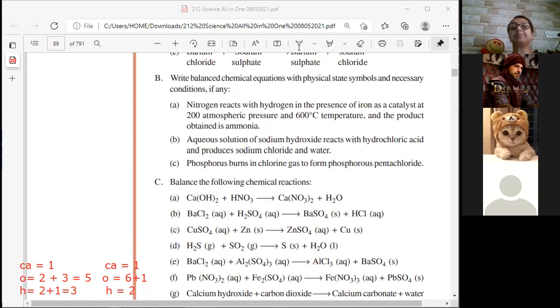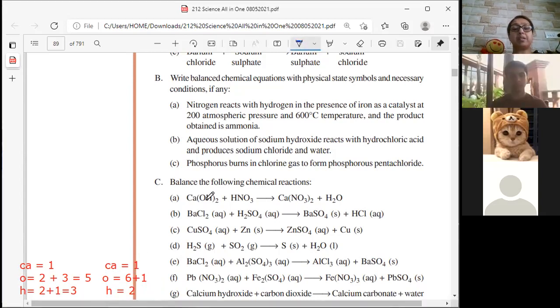Any idea? Now we have written differently, so it's a bit confusing. Why is it confusing? We took the elements differently. So, how does it matter?